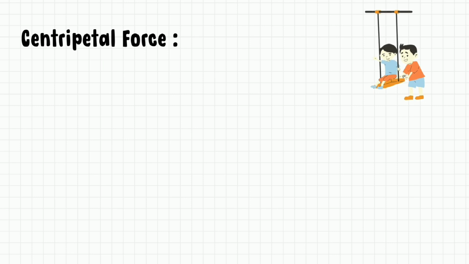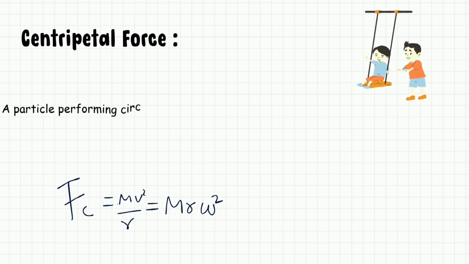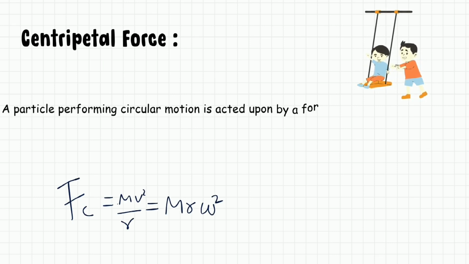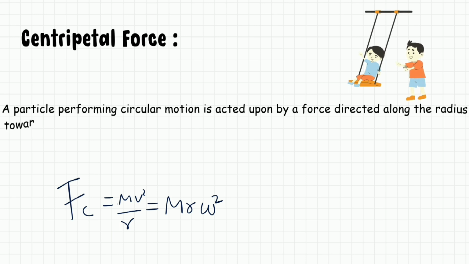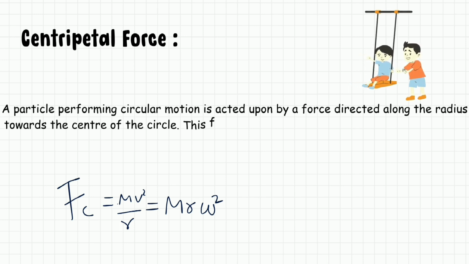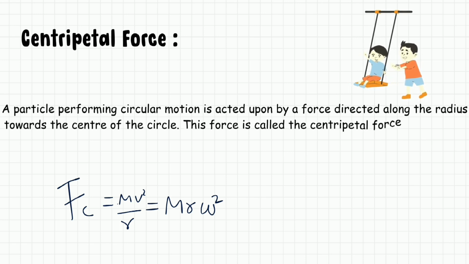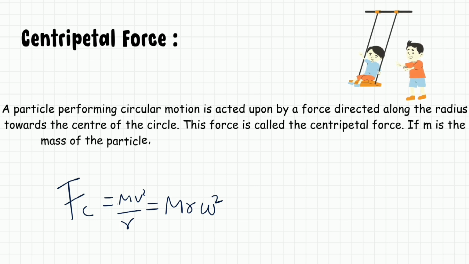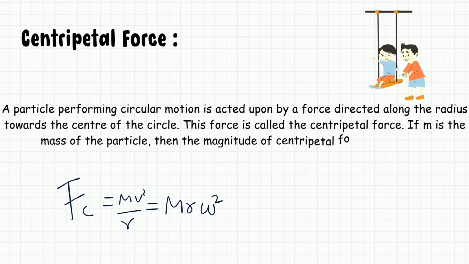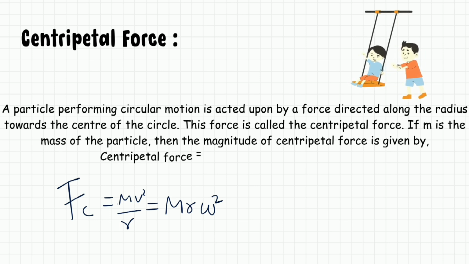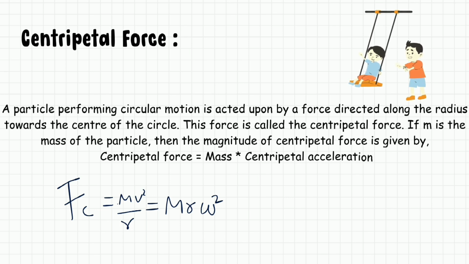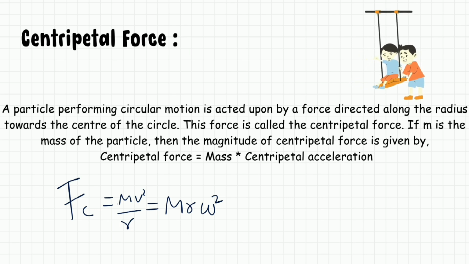Centripetal force. A particle performing circular motion is acted upon by a force directed along the radius towards the center of the circle. This force is called the centripetal force. If m is the mass of the particle, then the magnitude of centripetal force equals mass times centripetal acceleration.